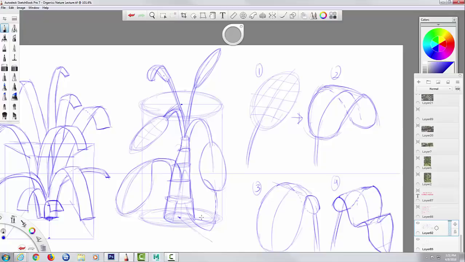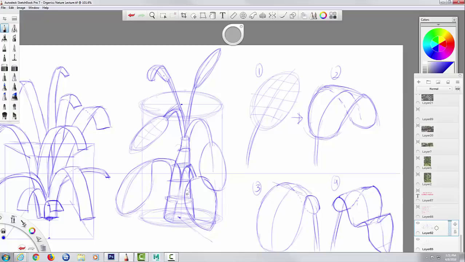I'm seeing the shape overlapping the other leaf right here, like that. Okay, so I get it to be about there, right? And then I'm going to come back over here and start to get part of that center line that's coming through. And it's going to come down, let's say, to about there.